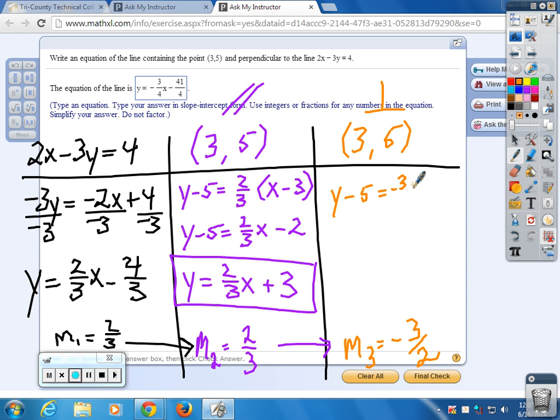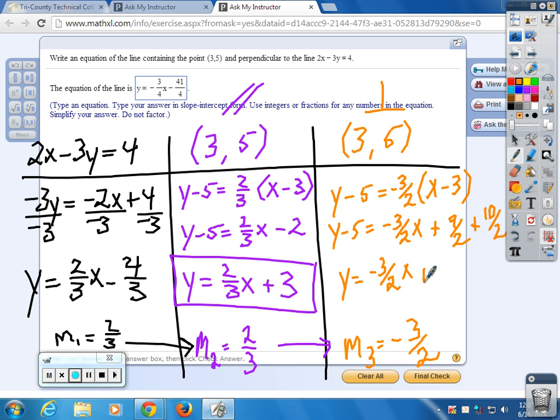Negative 3 halves times x minus 3. What's 9 halves plus 10 halves? And that's your perpendicular equation.